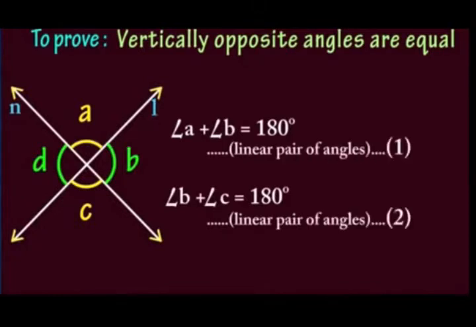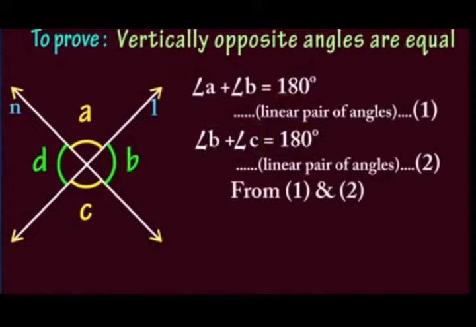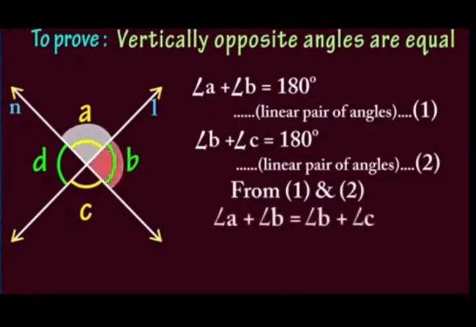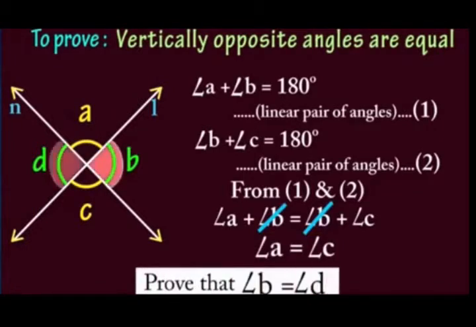So, when the right hand sides of both equations are equal, we take the left hand sides. From the first and second, we get angle A plus angle B is equal to angle B plus angle C. Now, cancelling angle B from both sides, we get angle A equals angle C. And similarly, we can prove that angle B is equal to angle D. Both pairs of vertically opposite angles are equal.